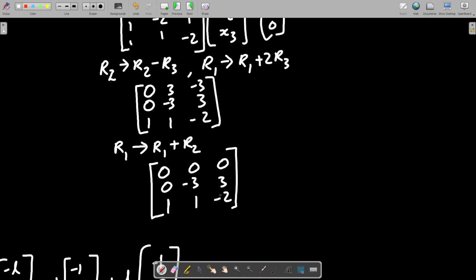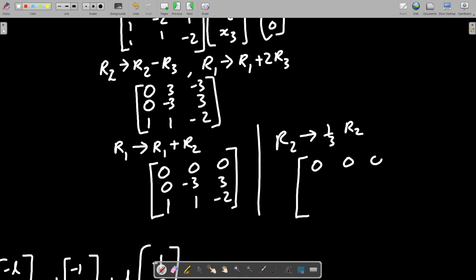Next step I'll do here only. R2 I'll change to 1 by 3 times R2. So that will leave me with minus 1, 1, 1, 1 minus 2. Next step I'll do is I'll take this and I'll kill this.